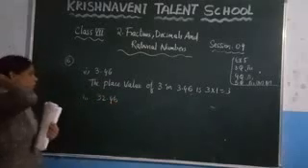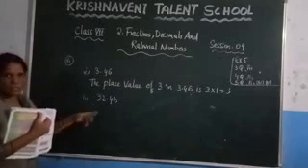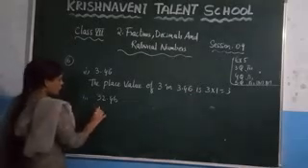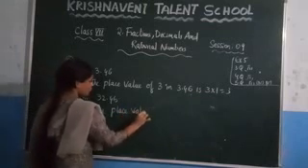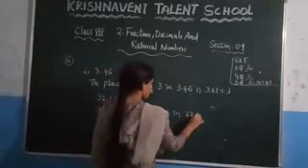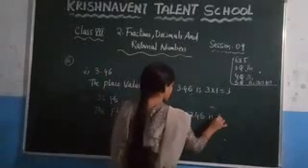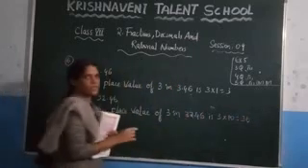What is the place value of 3 in this case? Which place value? Which is 10th place. So write it here. The place value of 3 in 32.46 is 3 into 10, which is the 10th place, which is 30. This is the place value.